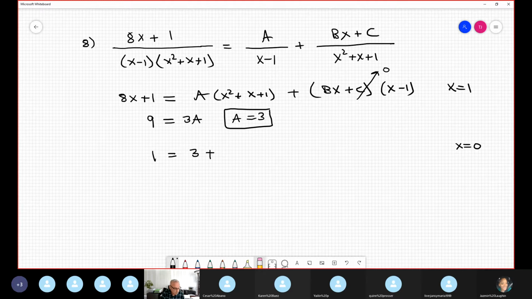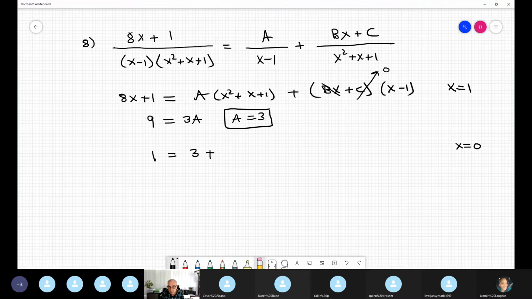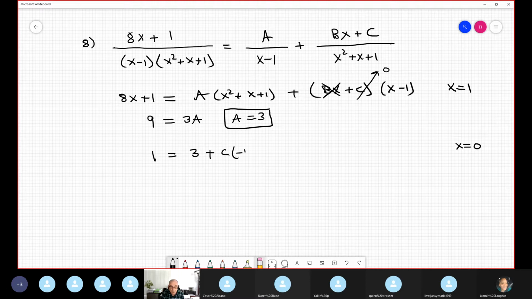The bx term disappears, so only c times negative 1 stays alive, because 0 minus 1 is negative 1. Actually 1 is equal to 3 minus c, and therefore c is 2, because 3 minus 2 is 1. C is 2. Directly I get that.